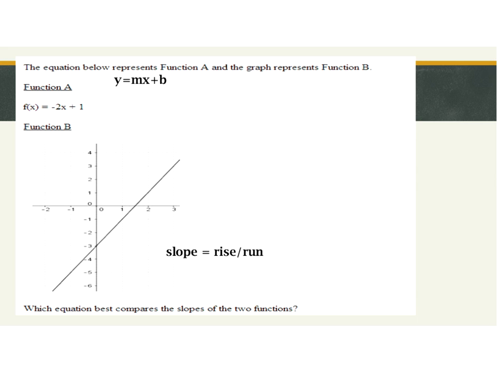Remember, y equals mx plus b. So your slope for this first one is -2 over 1. I'm going to make sure you see this. Slope is -2 over 1.